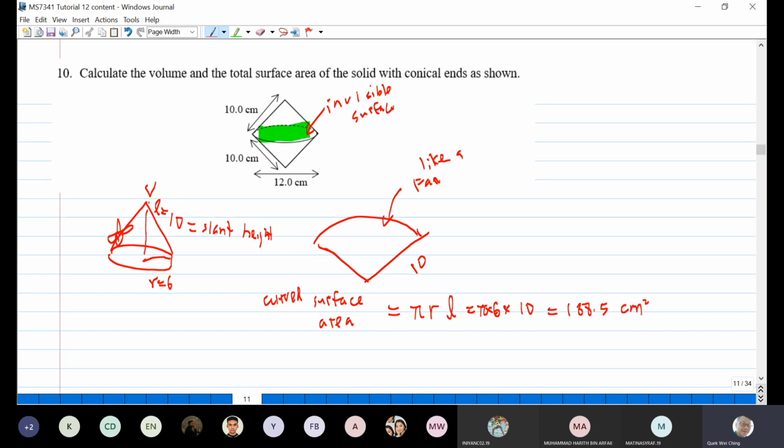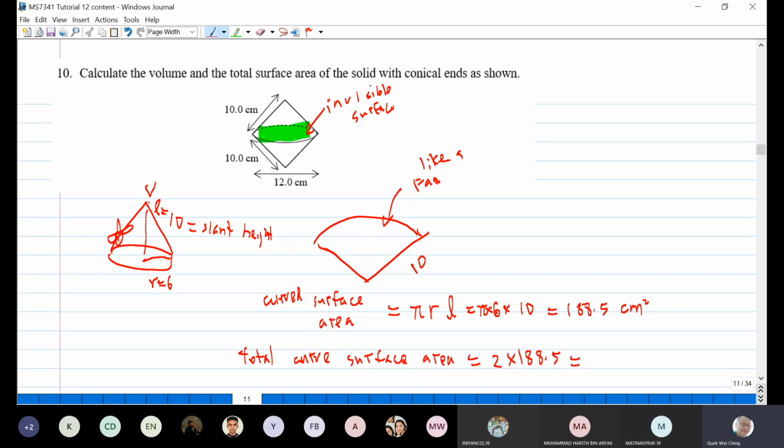Okay, this is just the top one, right? There's another bottom one. So total curved surface area, one on top, one below, is 2 times this thing. 2 times 188.5.